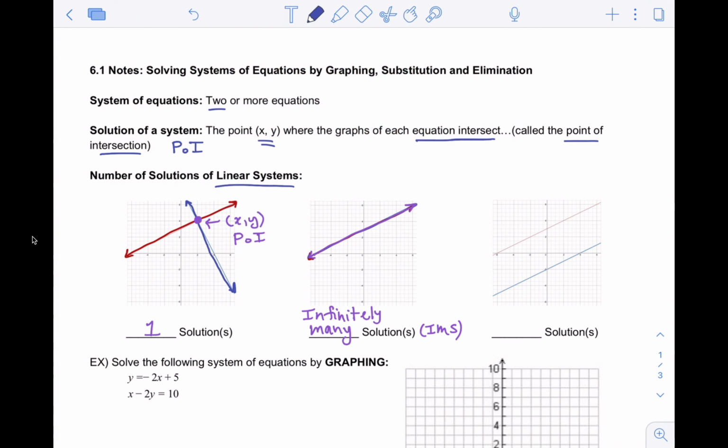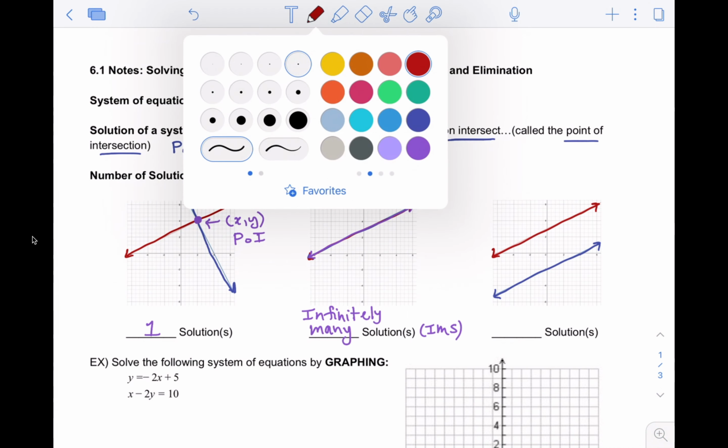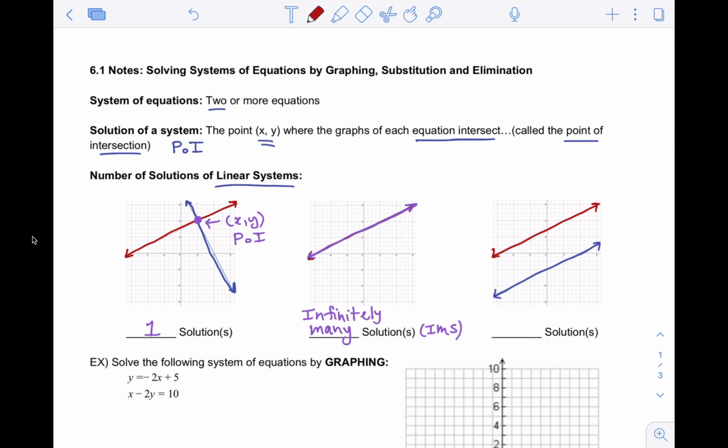Okay, so what happens if you have a system, two or more equations, in this case two lines, and they don't intersect? So blue and red are graphed, and there is no intersection point, no POI. Well, if there's no intersection point, then there's no solution. No solution in algebra has a symbol.